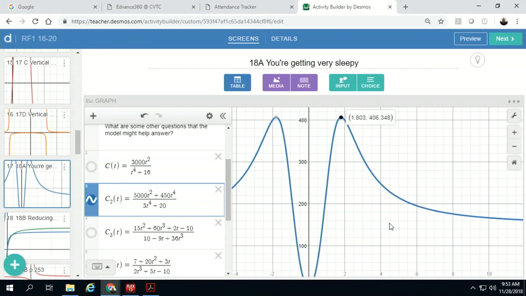Since for my math lab, they asked you to write your answer in hours and minutes, for question 4A, change 1.803 hours to hours and minutes. Go.